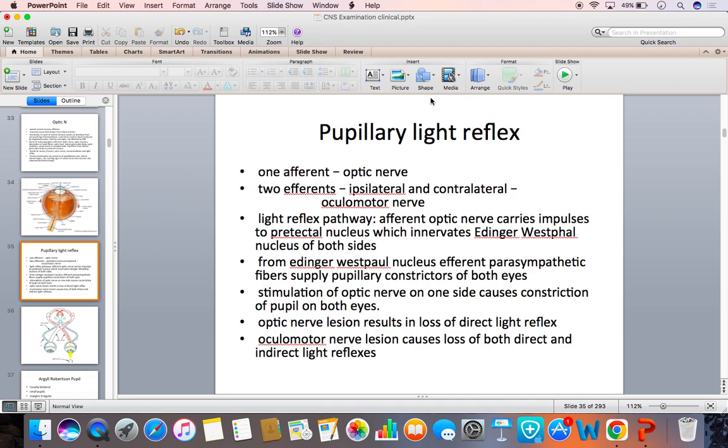That means the fibers of the optic nerve diverge from the lateral geniculate body to enter the pretectal nucleus, which in turn innervates the Edinger-Westphal nucleus of both the sides.